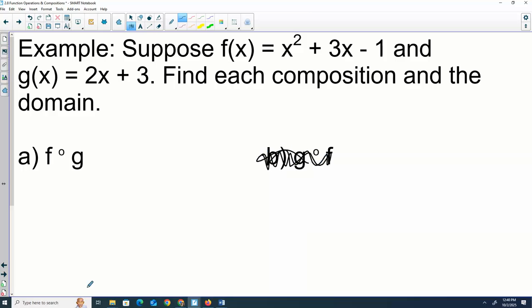Let's say f of x is x squared plus 3x minus 1, and g of x is 2x plus 3.